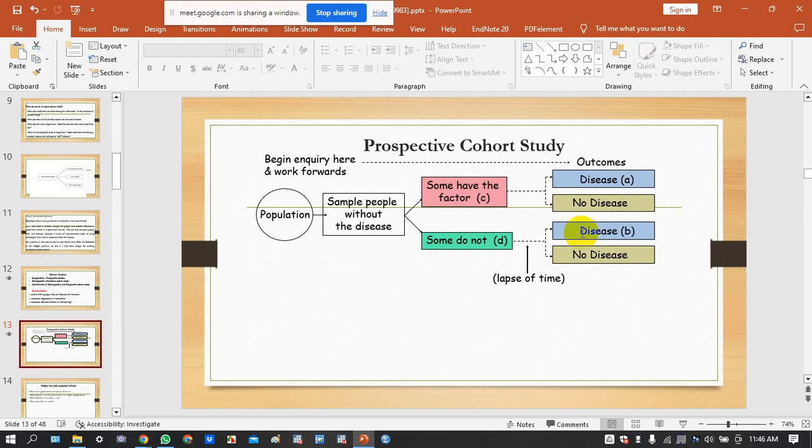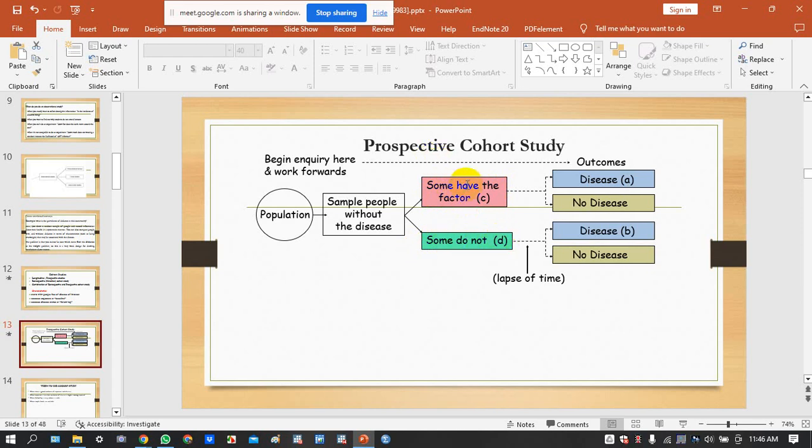So for a prospective study, you start with the study population without the disease. When they are without the disease, we have people who were exposed to the factors that can cause the condition, and others who were not exposed to the factors that can cause the condition.